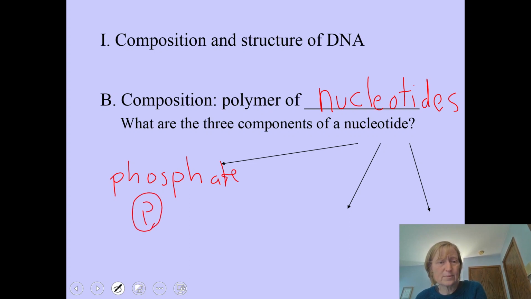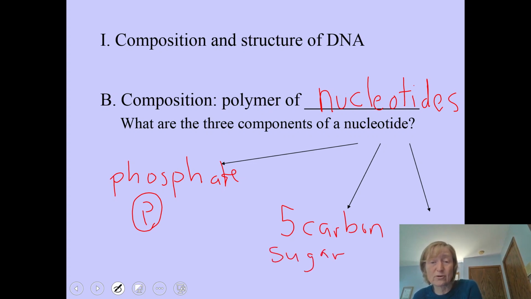Every single nucleotide has a phosphate group. Every single nucleotide has attached to that phosphate group a 5-carbon sugar. So think of deoxyribose or ribose. Those are 5-carbon sugars. They form a ring. So we have a phosphate attached to the sugar, and that's attached to a nitrogenous base. You're going to have to spell this one on your own.